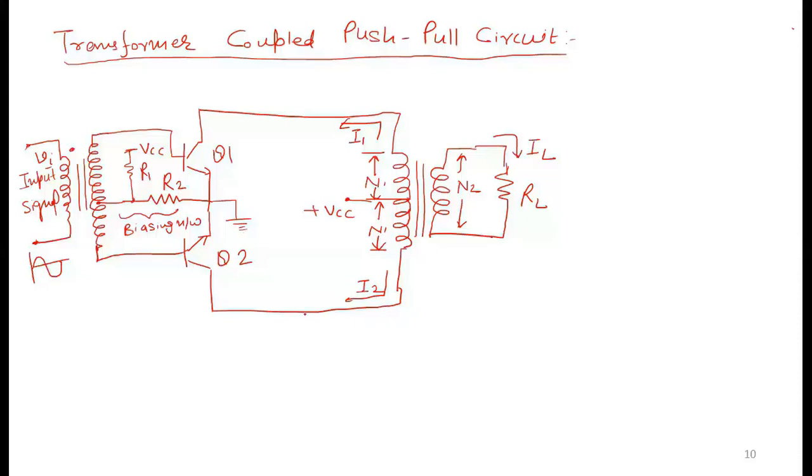So in this circuit we have four sections. One is this section, so we can say this is the phase splitting circuit. And this one is the push-pull circuit connection.